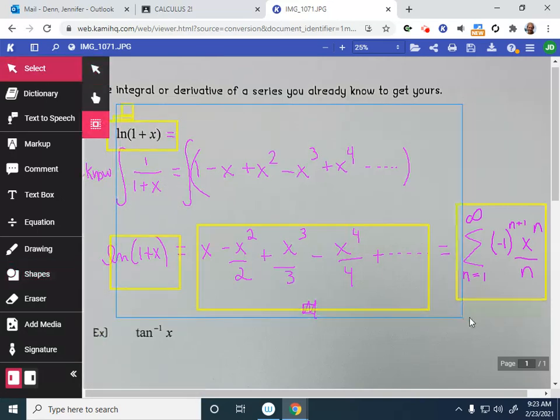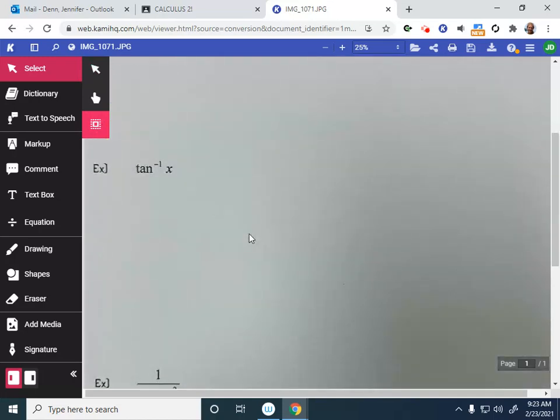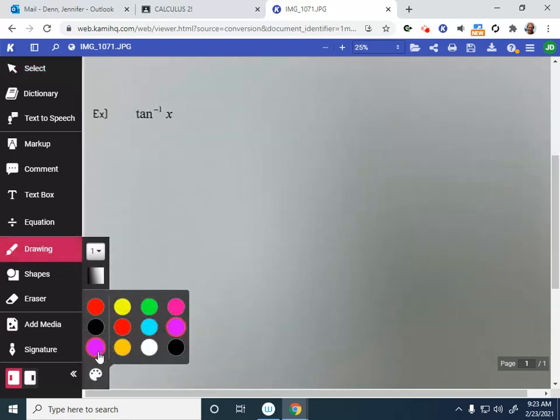Okay, so let's look at inverse tan. The reason why we look at these two is because they are ones that I know the derivative or the integral of. I can take the derivative or integral of something I know and get to tangent of x, or inverse tan of x. So think about inverse tan.